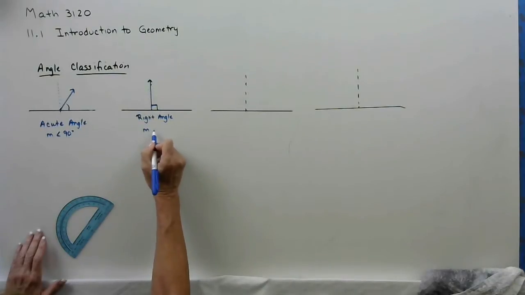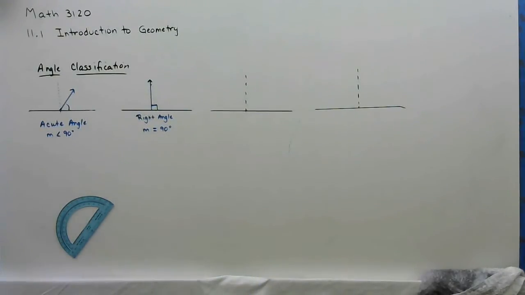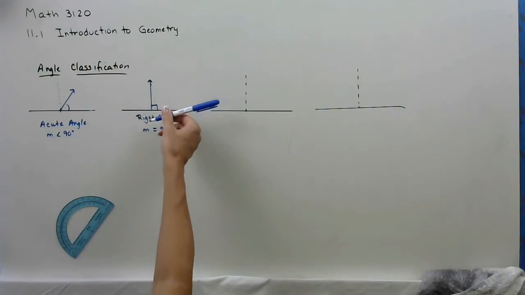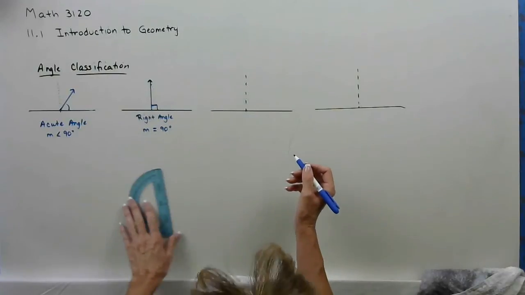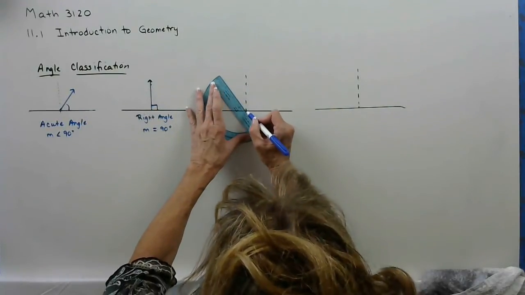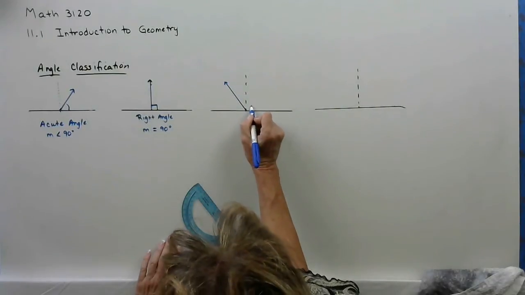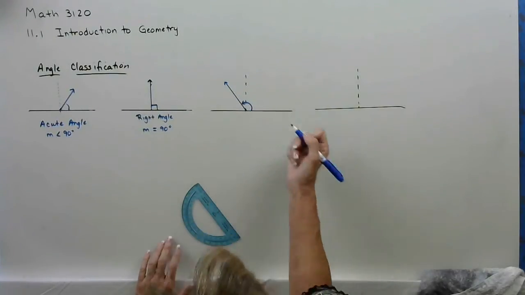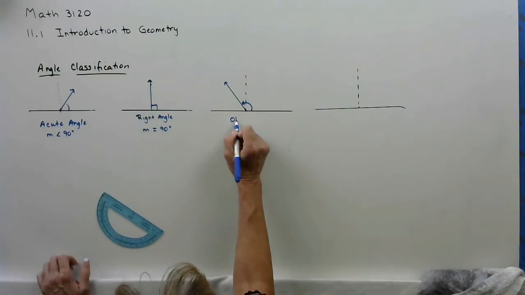So the measure equals 90 degrees exactly. Well, if I keep opening up my angle, as I keep creating my circle, and I go past 90 degrees but I don't go all the way to the other line, this angle that goes past 90 but is less than 180 is what's called obtuse.